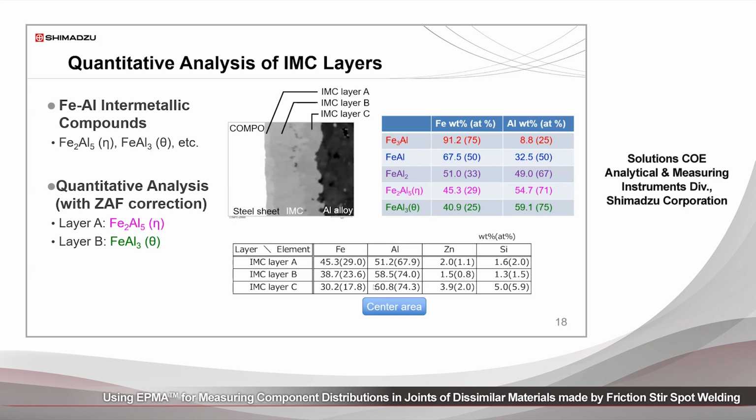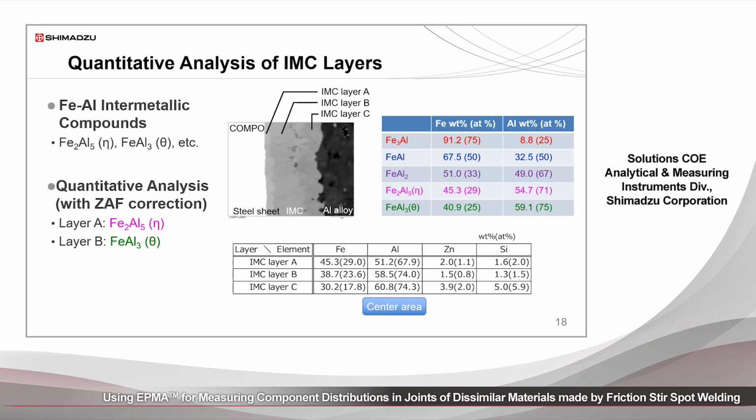Below is a table of the quantitative elemental analysis for the intermetallic compound layer in the center of the joint. IMC layer A is, for example, composed of 45.3 weight percent iron, 51.2% aluminum, and so forth.